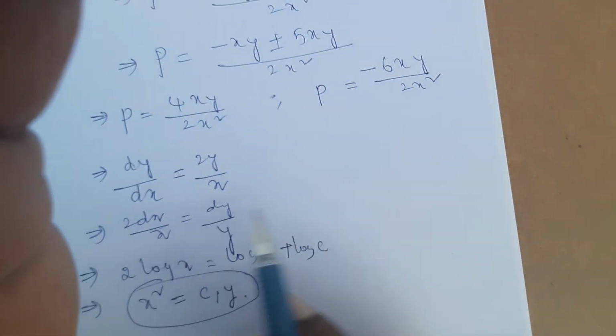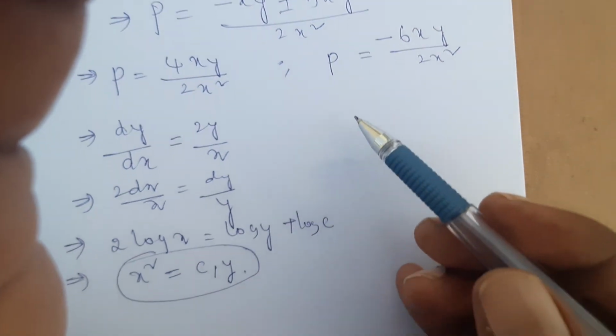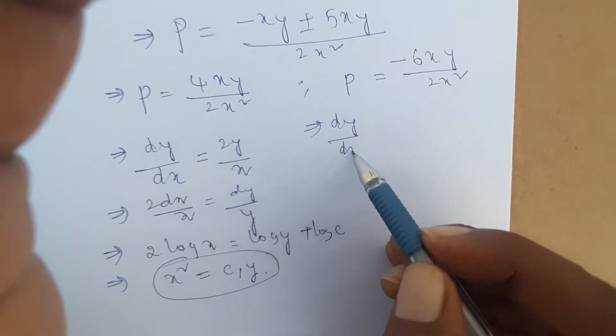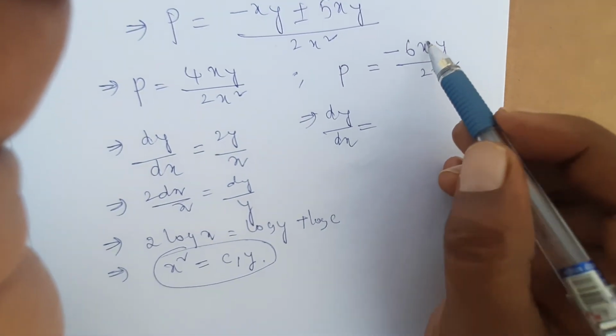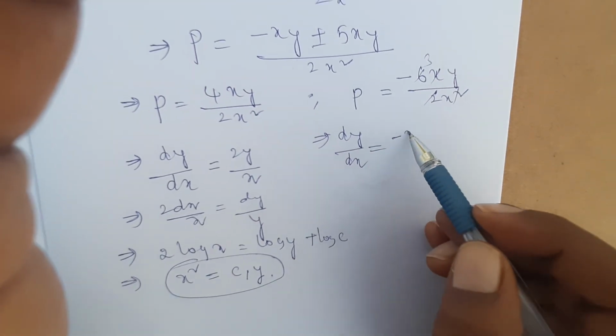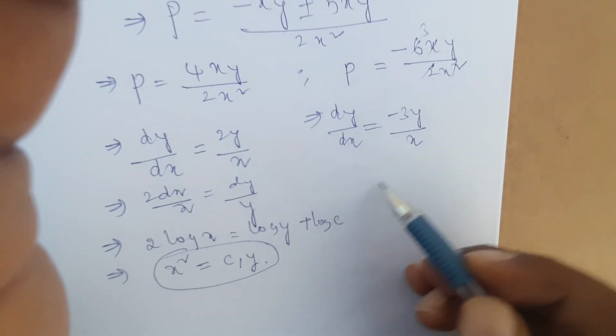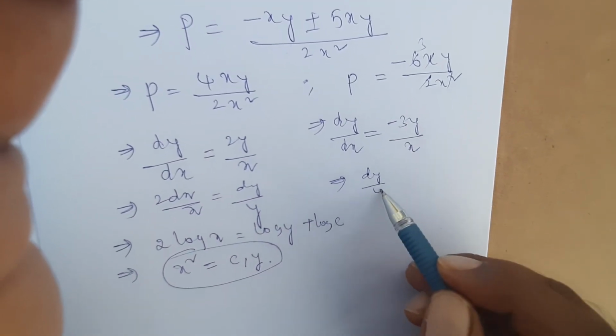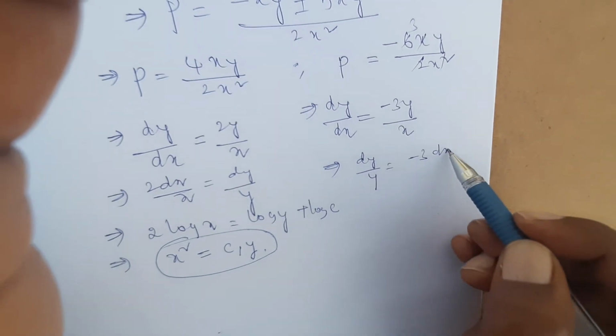Similarly, you can solve the other one also. Here dy by dx is equal to, after cancelling, minus 3y by x. Then dy by y is equal to minus 3 into dx by x.